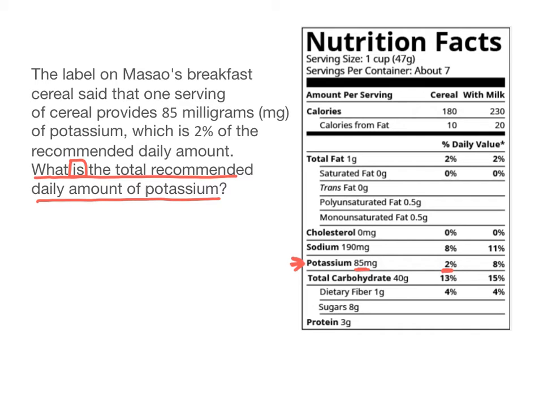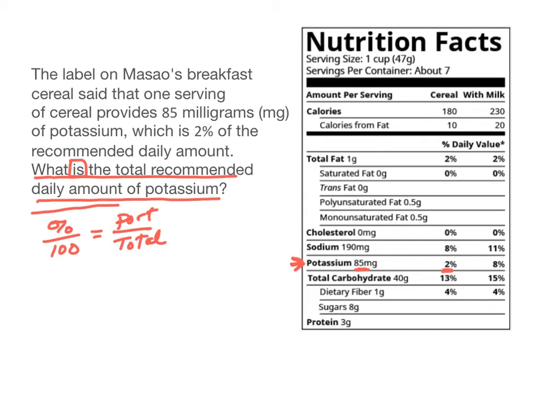Okay, so a percent as a proportion always goes like this. A percent number is always out of 100. And what that is describing in most cases, it's describing some part of something compared to the total.